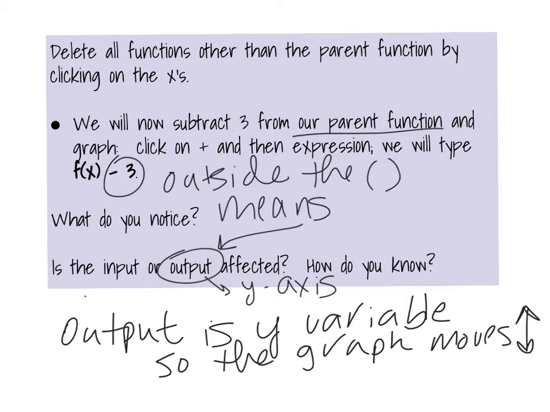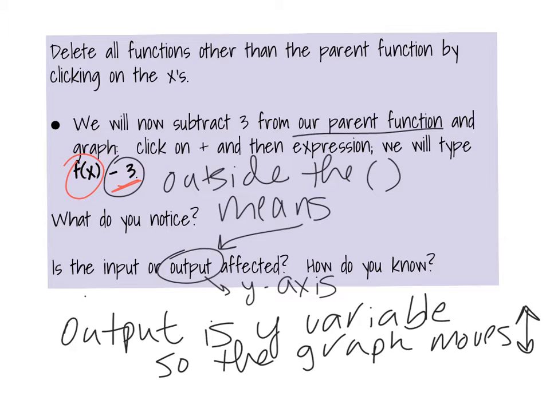Kind of like when you did geometric translations, when you did things like, let me add a page. Now you have a function, you're adding to the entire function, you're taking this whole function, subtracting 3, or adding -3, and a negative will go down in the negative direction 3 units. Okay?